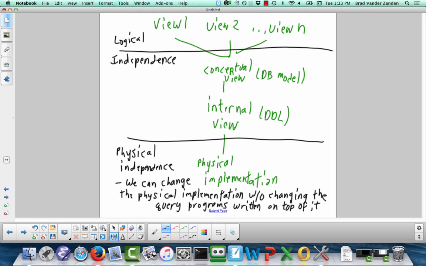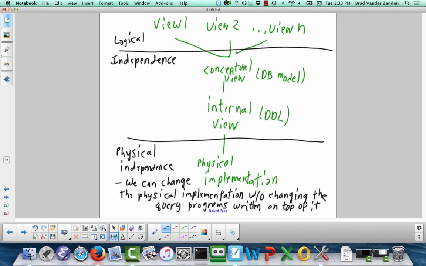The nice thing about that is that views are often cached, so if the person asks a question and that query's already been run, it can simply be taken from memory without having to run it physically against the database. So logical independence means that we don't have to throw away cached results every time we make some modification to the underlying data model.